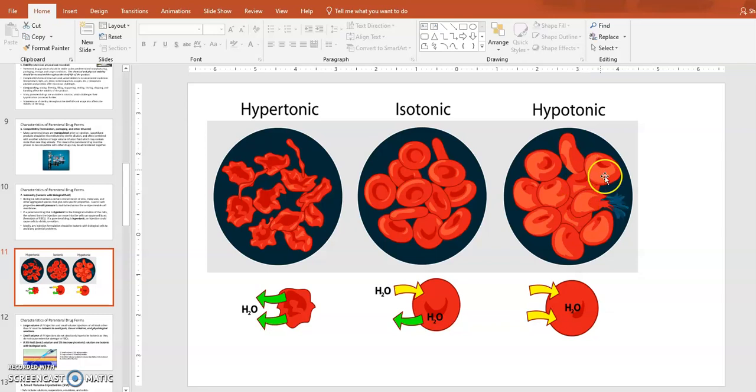Or if your drug doesn't have enough salt, and when it's injected, it is sucking up the salt, then what? Since the water molecules will move from your drug side to the cells, your cells may be expanding and they may rupture. So that's a hypotonic condition. So the ideal condition is this: your drug should be isotonic.